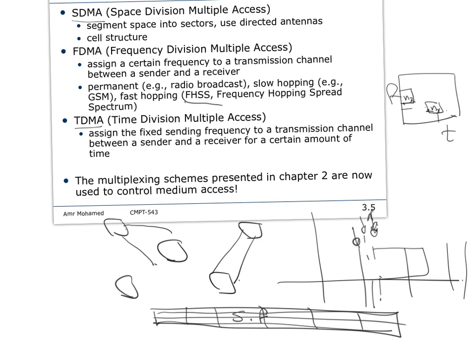If I assign different frequencies to the nodes using FDMA, and the nodes have data to transmit, you will not get the same throughput for all nodes, even though they all have data to transmit and they have different frequencies, because the frequency assignment is fixed. You will not get the same throughput. Why?